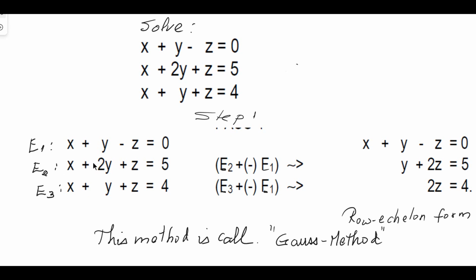And you notice that if you subtract the first row from the second, you get a 0. You can say x minus x gives 0. 1 minus 1 is 0x. 2 minus 1 is 1y. 2y minus y is 1y.